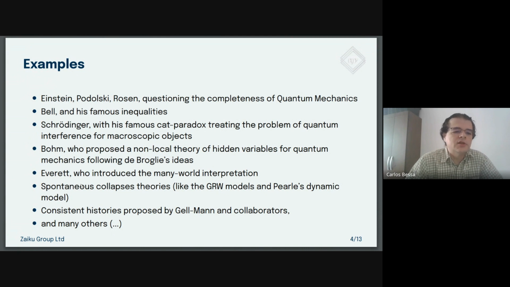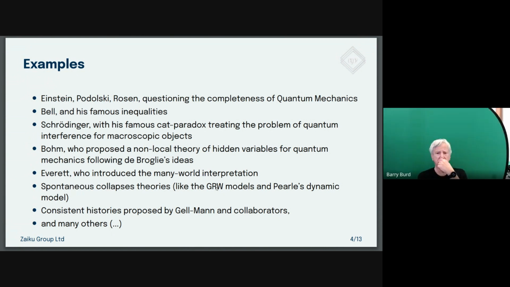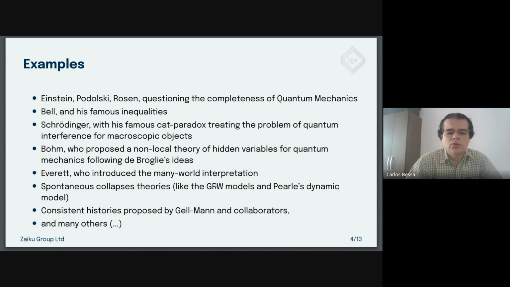The Everett interpretation, related to the many-worlds interpretation, from the 50s, I think late 50s. And other types, maybe not so famous, like spontaneous collapse theories, such as GRW. G is from Ghirardi, and I forget the names of the other two. Models and pairs dynamic model.